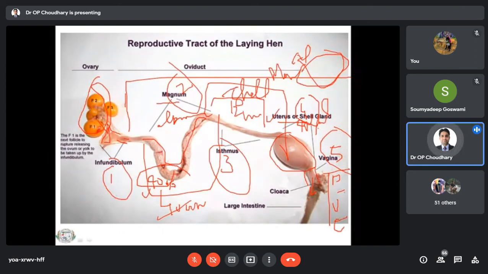The function of the vagina is to release the produced egg into the cloaca, so that it comes out from the body of the female animals.